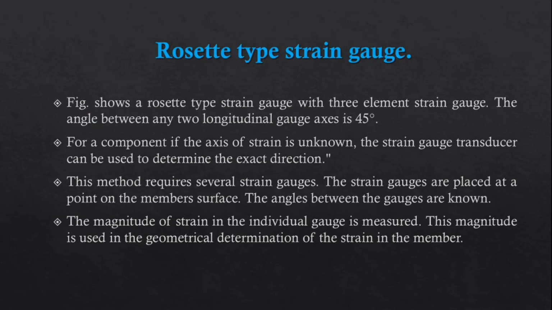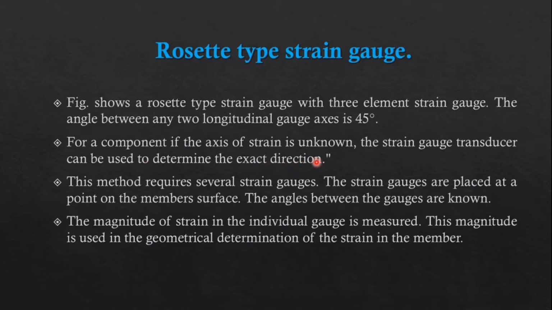So from the figure, a rosette type strain gauge with 3 elements. Okay, 3 elements because we have 3 different wires, right? The angle between any two longitudinal axes is going to be 45 degrees. Okay, this is the 45 degrees. Then after, for a component, if the axis of strain is unknown, the strain gauge transducer can be used to determine the exact direction.